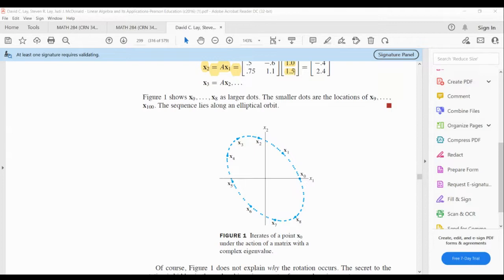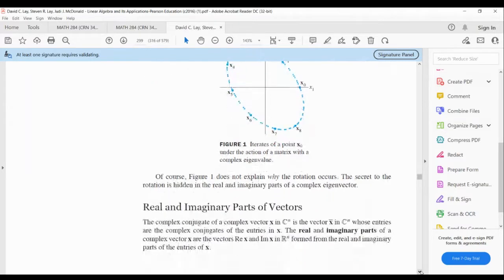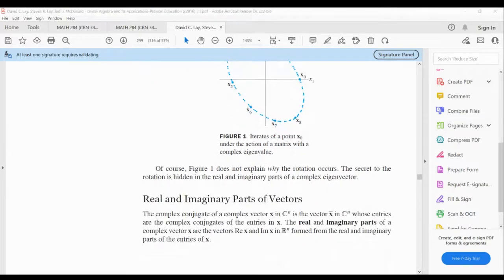In terms of terminology here in the book, you can have real and imaginary parts of vectors. Like we saw in the previous example, we had two complex conjugate vectors.